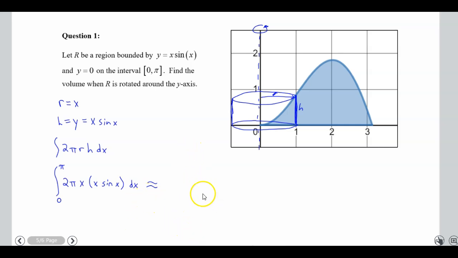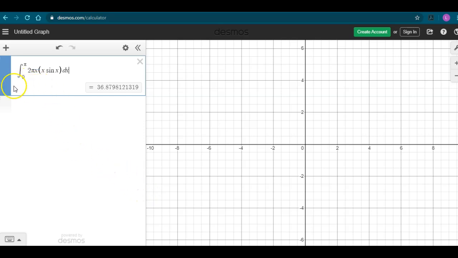All right, so I'm going to go ahead and try to compute that out. If you want to pause the video, you can. I'm going to go pull that up. Just doing it super quick over here on Desmos, we have 2 pi x times that x sine x, integrating 0 to pi. We get this 36.8798, and so on.